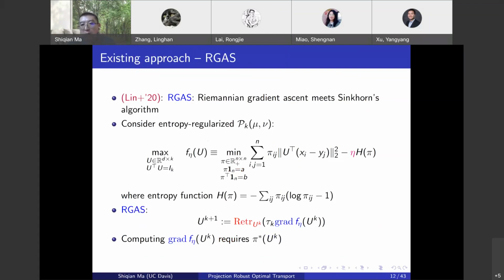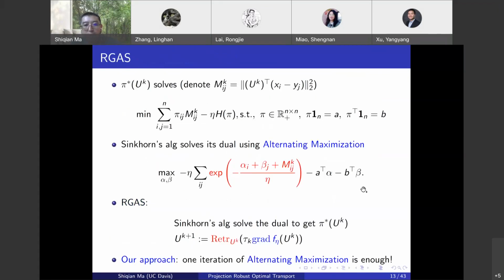And they can prove that if this eta is chosen at the same order as epsilon, then the epsilon stationary point of this problem will also be an epsilon stationary point for the original problem. So the algorithm is designed for solving this problem, but eventually they can prove that the solution they obtained is the epsilon stationary point for the original problem. Mm. Yeah, thanks.